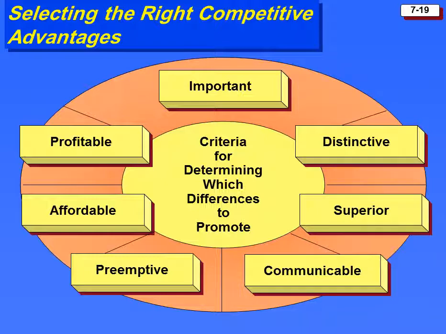There are some criteria for determining which differences to promote when selecting the right competitive advantage. It's important that it be distinctive, superior, communicable, repeatable, affordable, and profitable. These are the criteria.